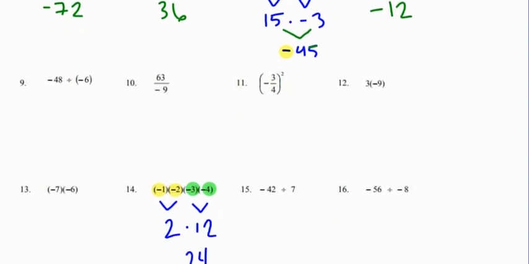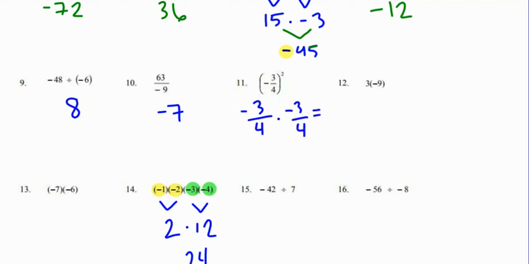All right, number 9, a negative divided by a negative is a positive. Number 10, another way to write division, 63 over -9 is a -7. Number 11, here's a little review. If we have a square, that means times itself. Right, so this is really -3/4 times -3/4.